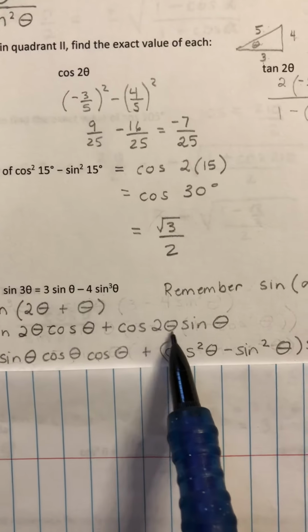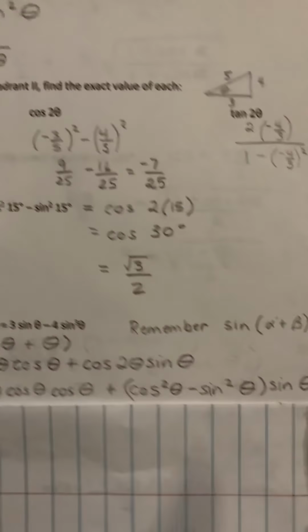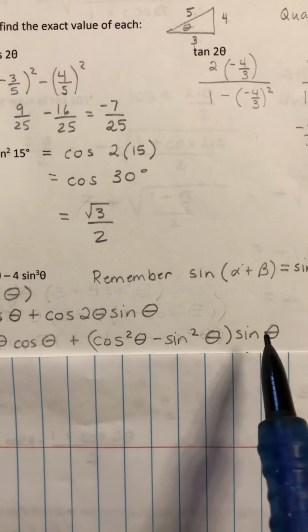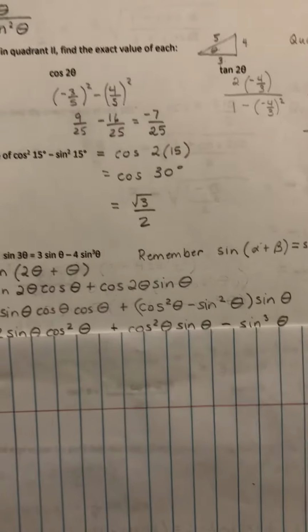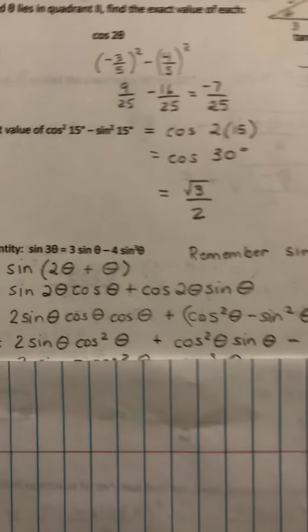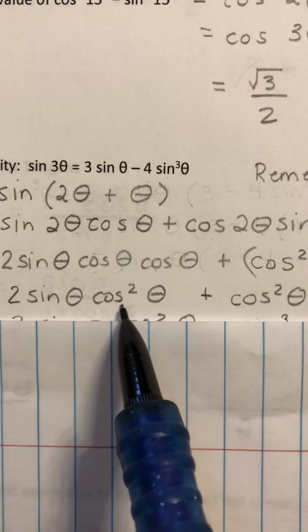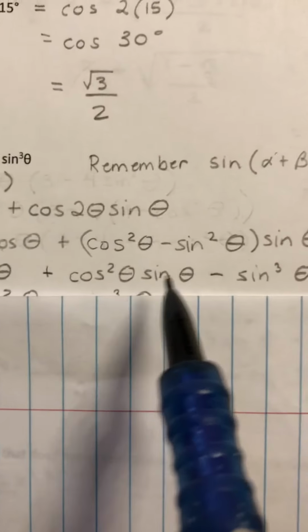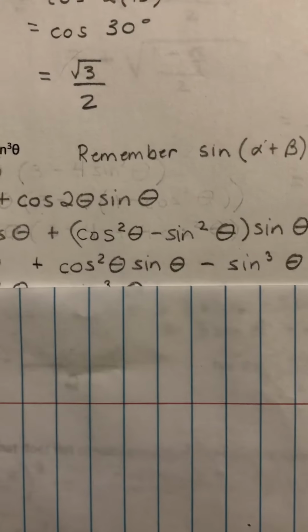And then the cosine of 2 theta, I use this here, plug that in, distribute the sine, and then I'm going to simplify this by multiplying it together, and it's cosine squared theta. And then this I distributed, and that's how I get this.